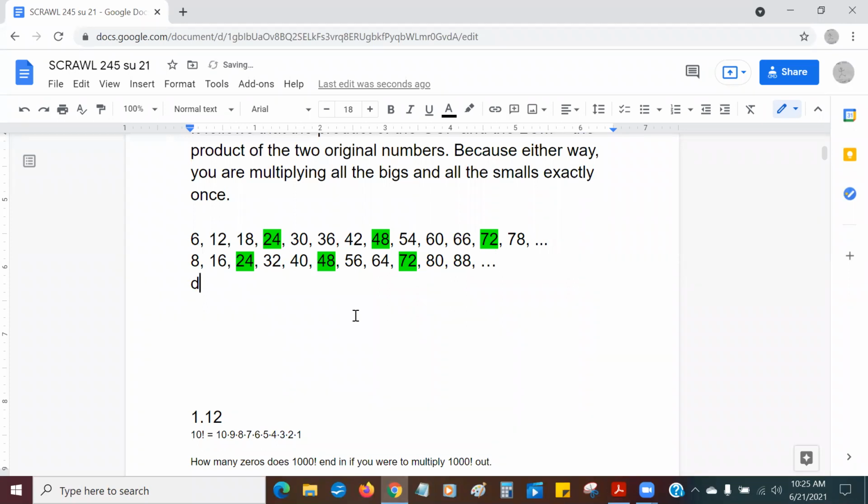In the example over here, D would equal 2. So 6 equals 2 times 3, and 8 equals 2 times 4.